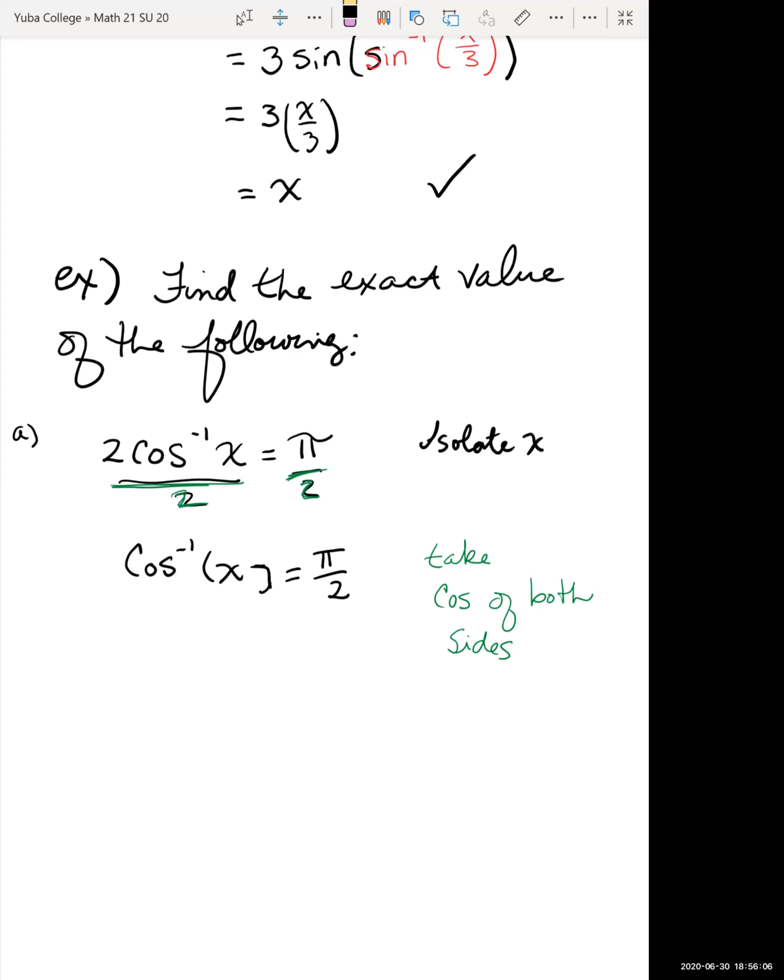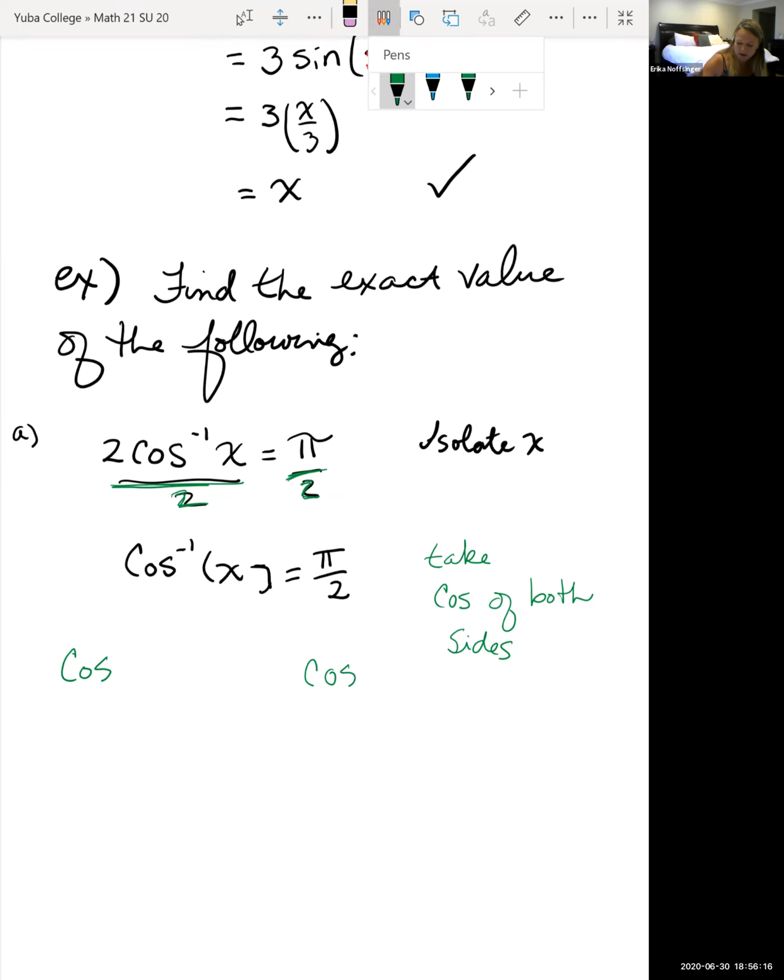And so now we can take the cosine of both sides. So cosine of cosine inverse. We're just going to keep it the same color because it doesn't want to cooperate.